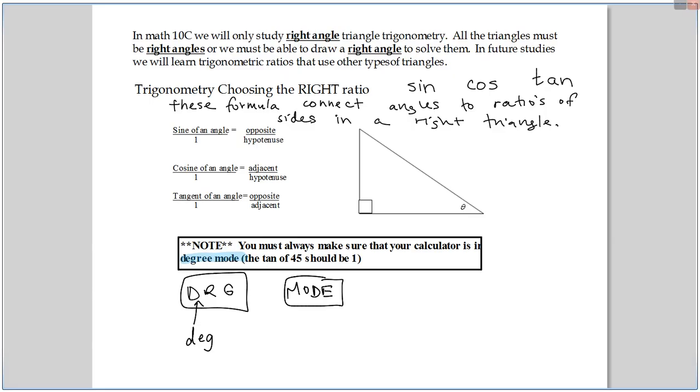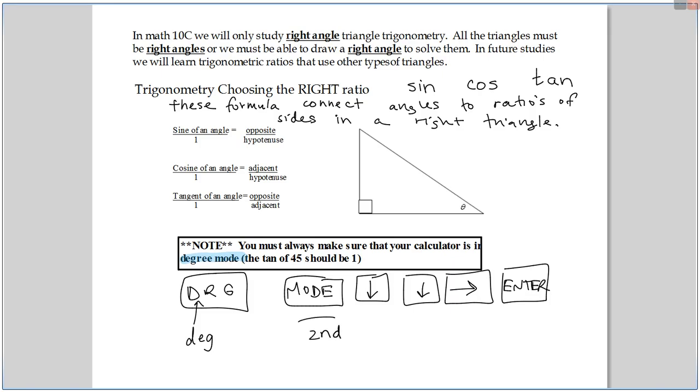And then you press down on the cursor again, and then you press over on the cursor, and then you hit enter. And you will highlight degree. And then to get out of that screen, hit second mode. See, second mode is quit. And then you get out of that screen. Okay?